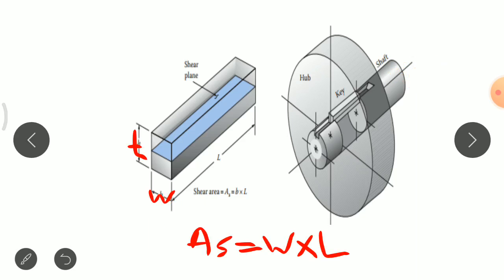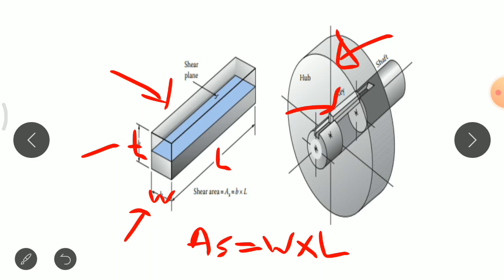Here you can see the dimensions of the key: this is the thickness, this is the width, and this is the length of the key, which is inserted in the shaft in this way. This is the hub section, or we can say the boss section of the pulley, and this element is the shaft over which we have manufactured one keyway, that is a slot or groove where the key is mounted.